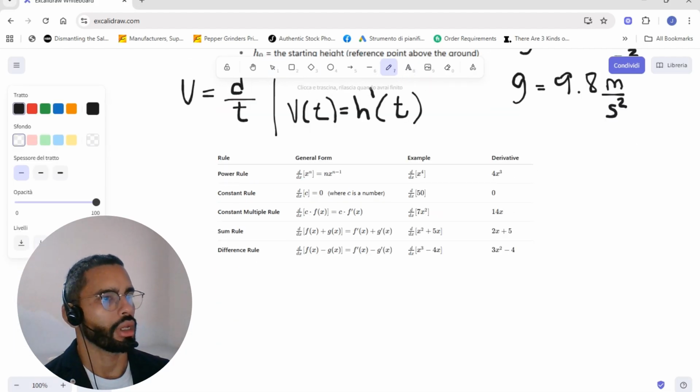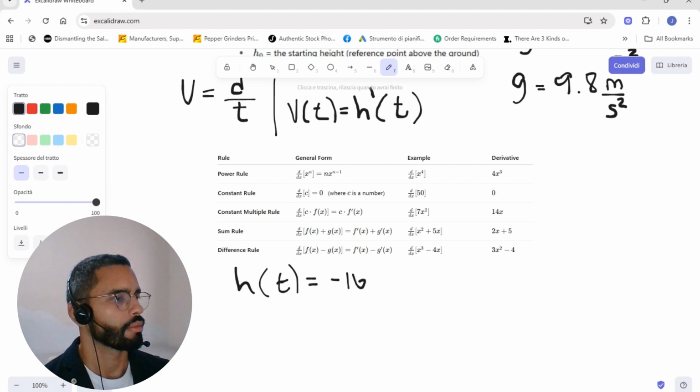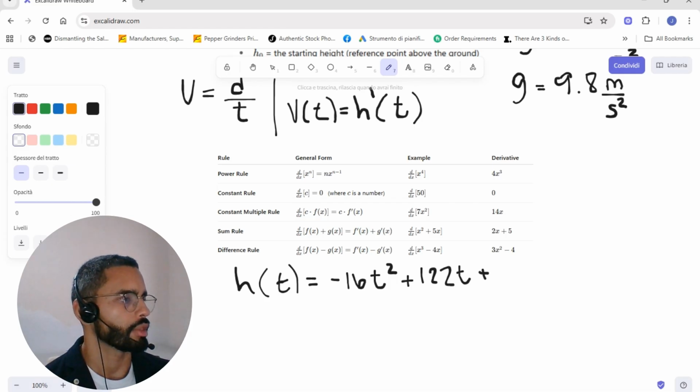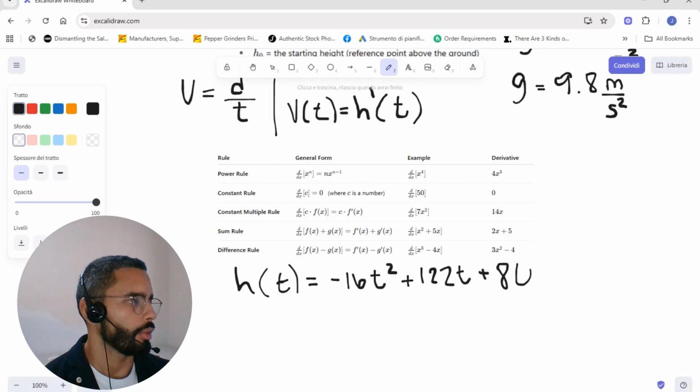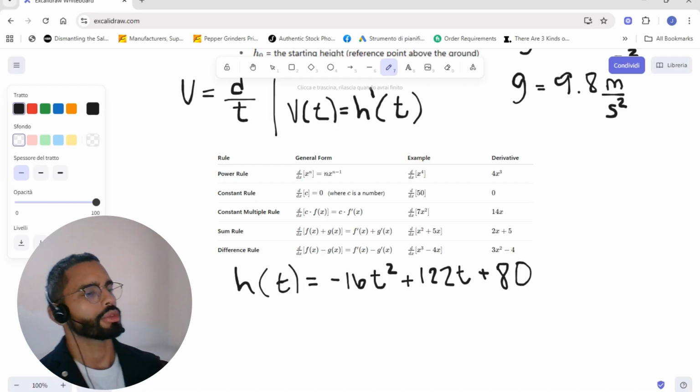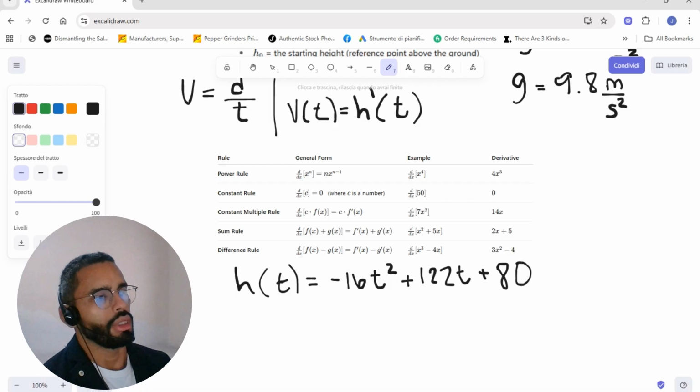So we have this h of t equation, height as a function of t. Now, what we want to know is how to take the derivative of this equation, depending on the rules of derivatives. So by looking at that table, these are some of the rules that we discussed when we talked about derivatives.